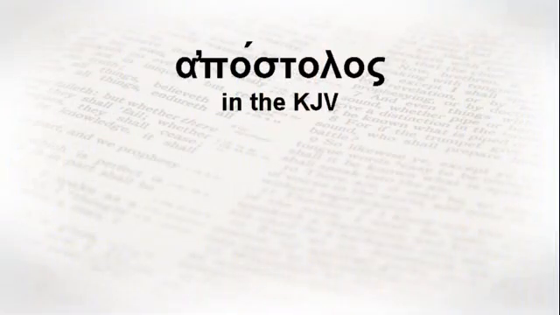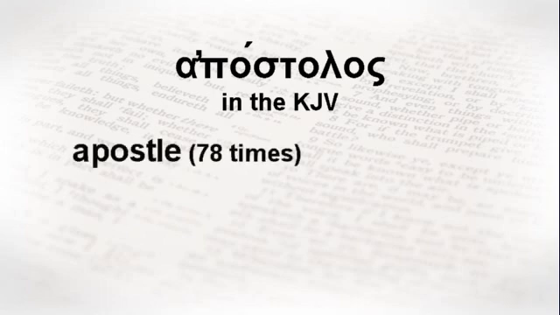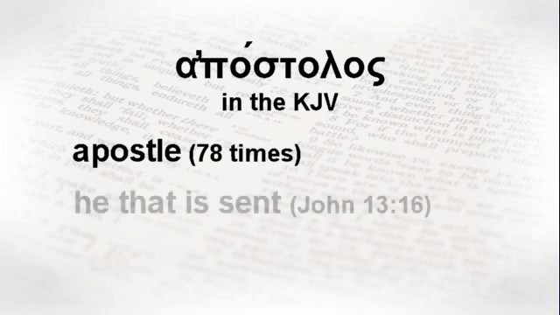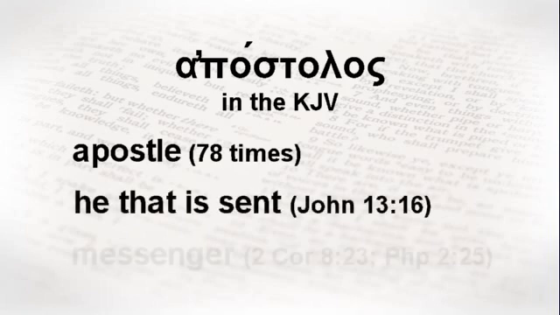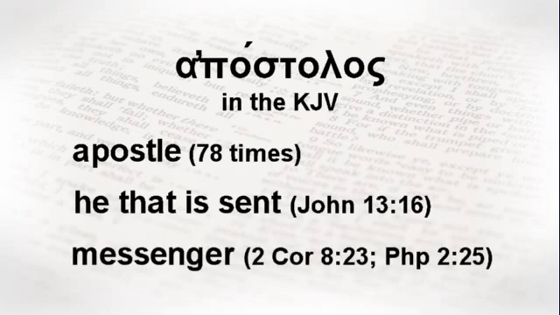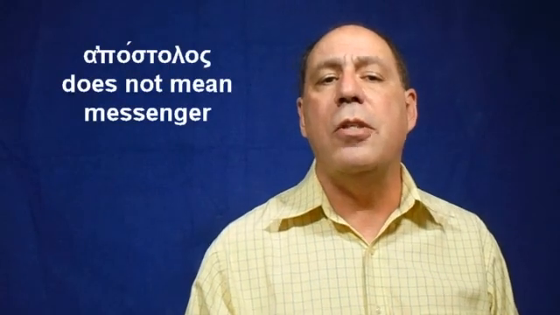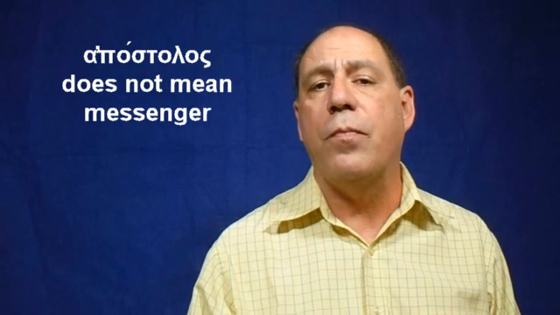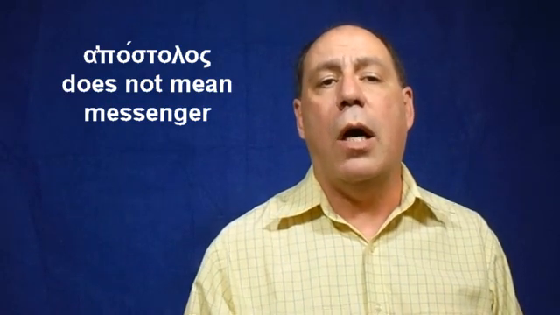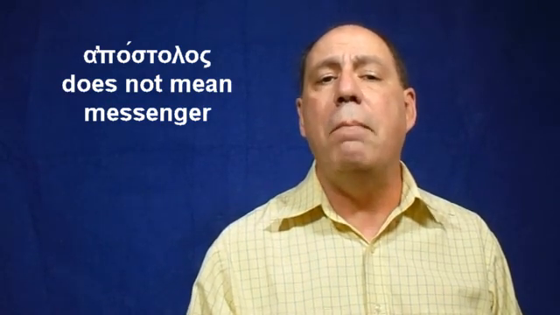The King James Version is not completely consistent in the way it translates apostolos. Usually it translates it as apostle, but once it translates it as he that is sent, and twice as messenger. Apostolos does not mean messenger. A different Greek word, angelos, is closer to that meaning.